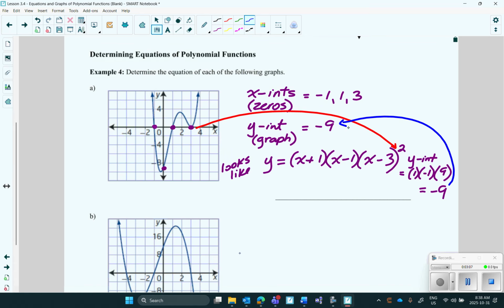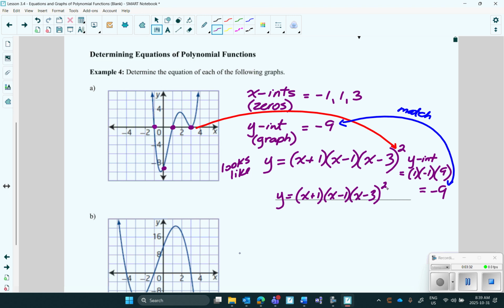They match. That means I don't have to change the equation. This is the final answer. So my final answer is y equals x plus 1, x minus 1, x minus 3 squared.